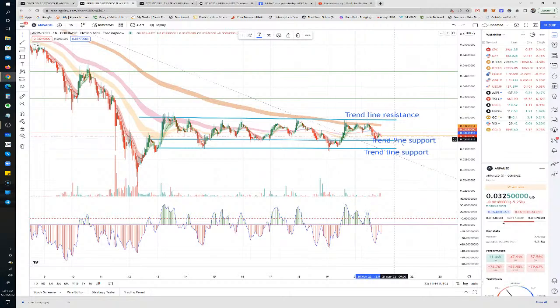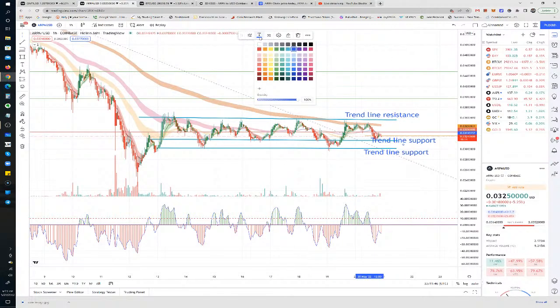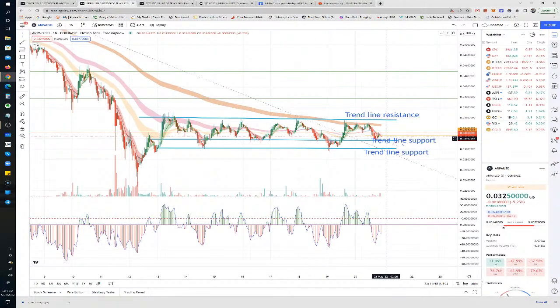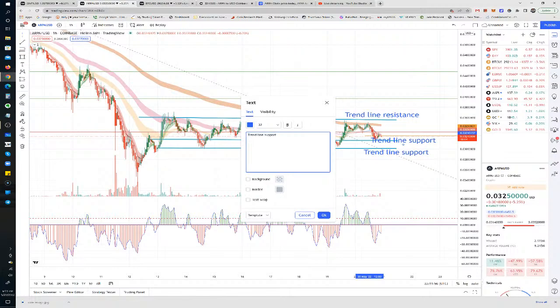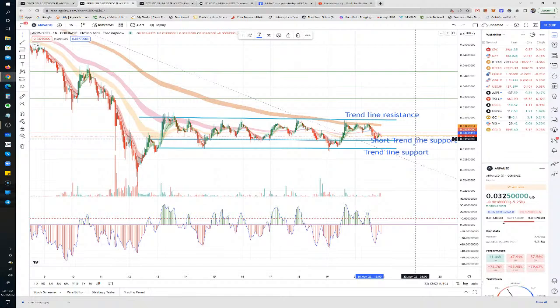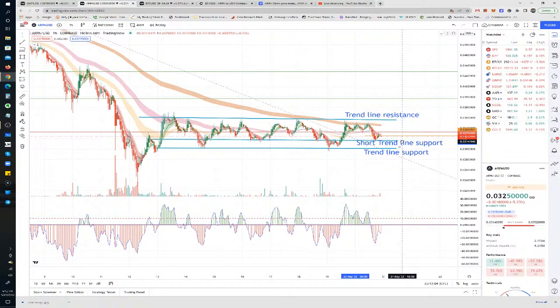I'm going to edit this one and call it short trend line support. I'm just going to put it right below it. There we go, nice and tidy.